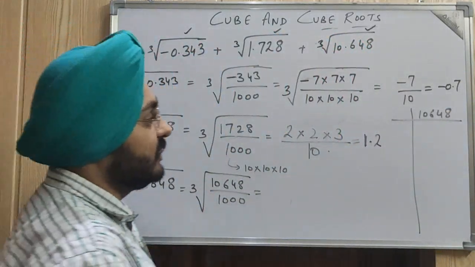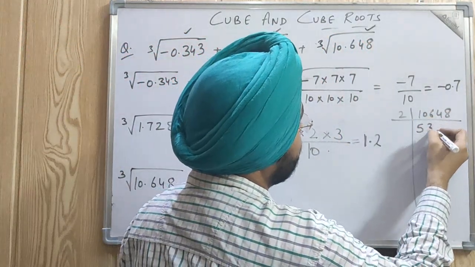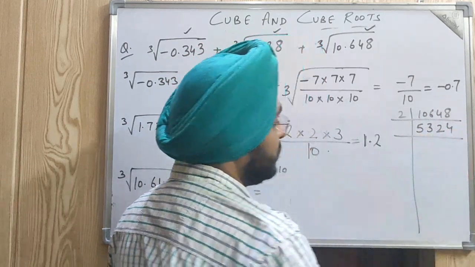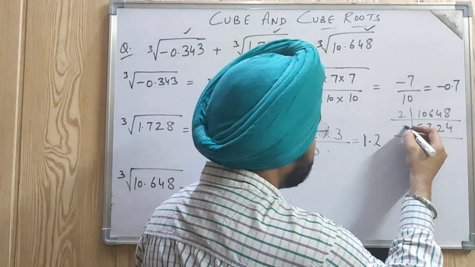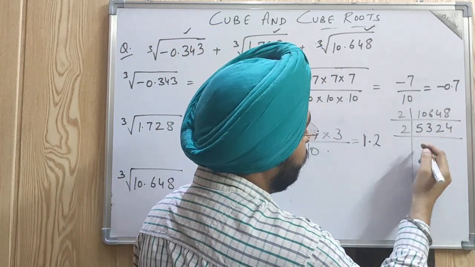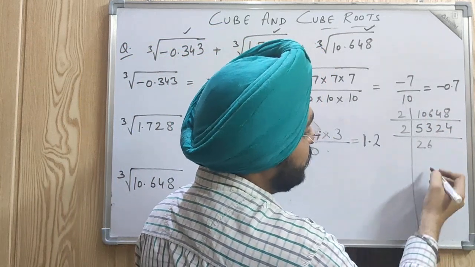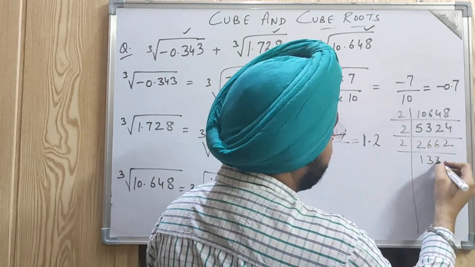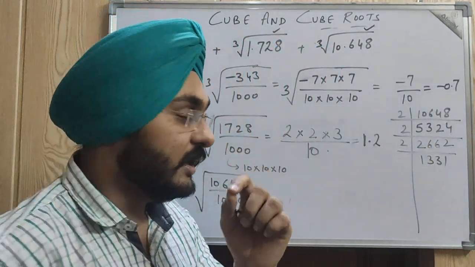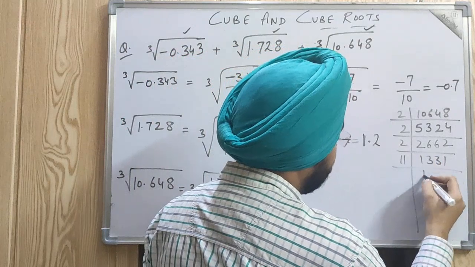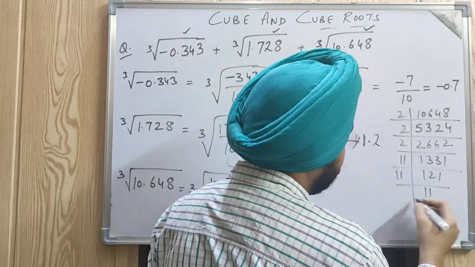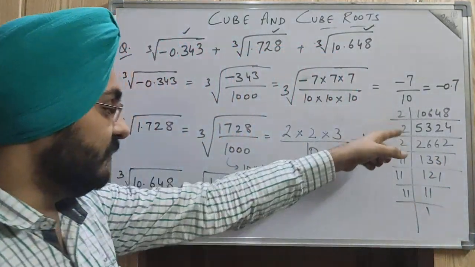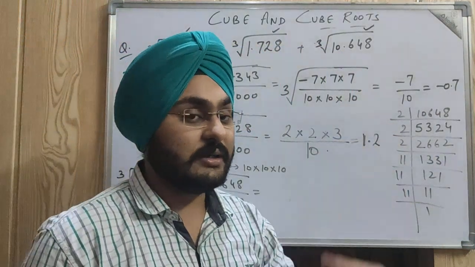Start with 2: 5324, 2662, 1331. This is the cube of 11. So 11, 121, 11, 11 and 11, 1. If you want, you can write it here, or you can write directly.